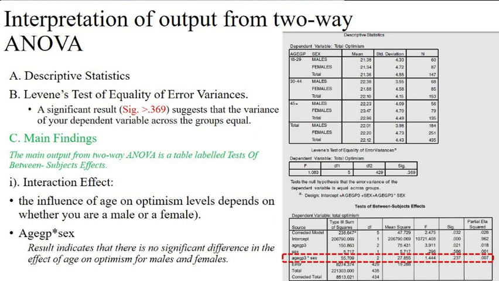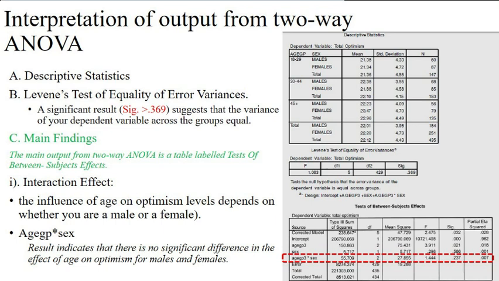So this is also showing that even if we divide the whole of the data into two groups, male and female, there is no difference in the level of optimism between male and female, right? And there is also no difference in the level of optimism once we subdivide the age group into male and female. So it is showing no interaction effect of gender in the relationship between age group and level of optimism.